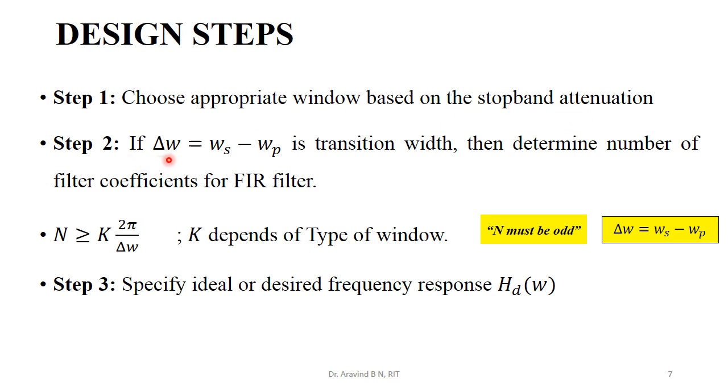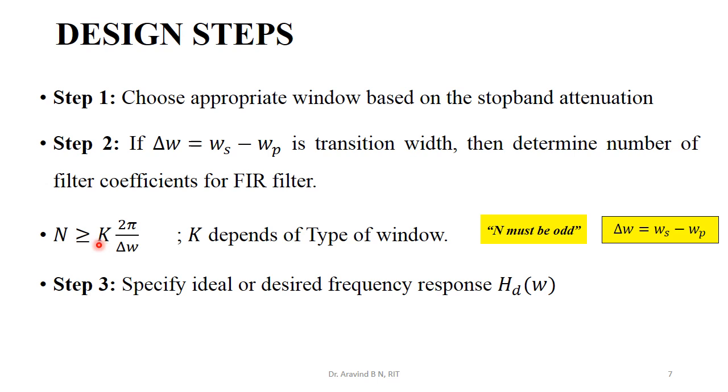Step 2, if delta W is the transition width, then determine the number of filter coefficients for the FIR filter, that is N greater than or equal to k into 2 pi divided by delta W, where N is the order of the filter and k depends on the type of the window.